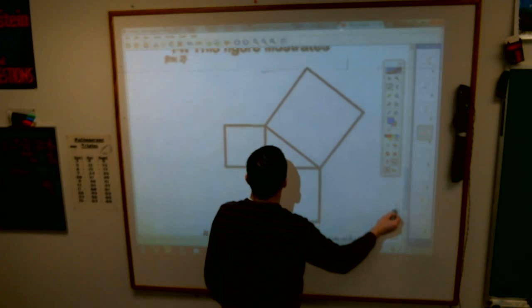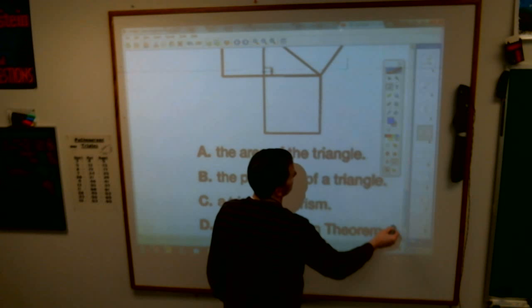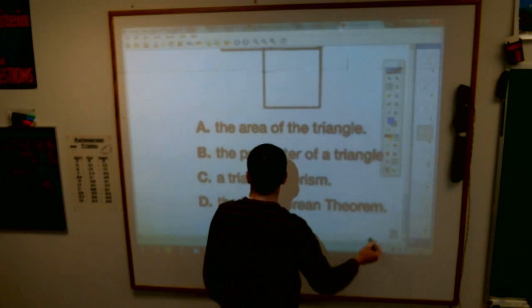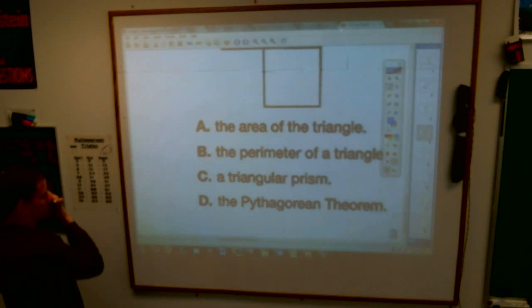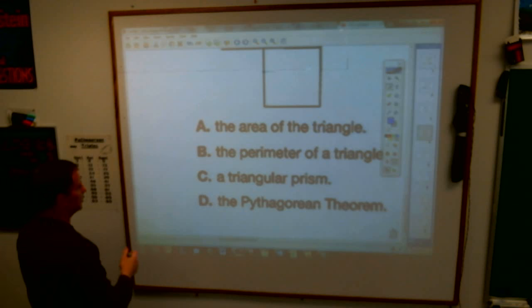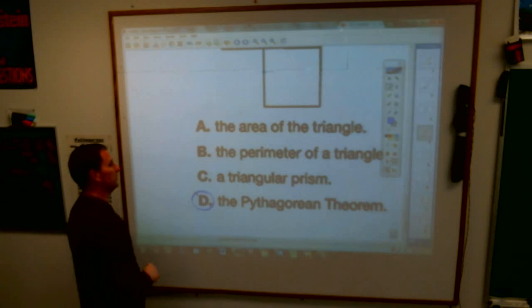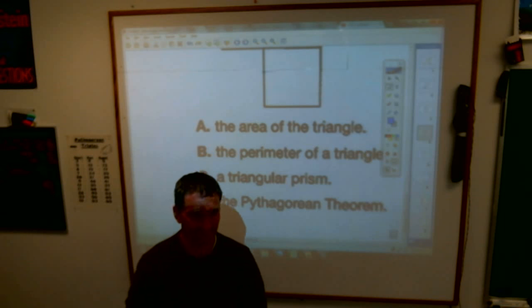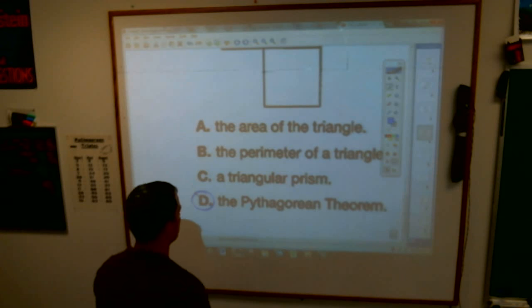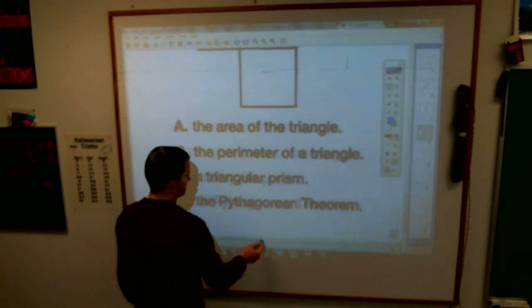This figure illustrates, is this the wrong one? No. What's your question on this one? I probably would ixnay this one. Does it really look like the area of a triangle? Remember a triangle prism? I don't know, we'll see what tomorrow's test is. I'm not sure what you do for that. We probably haven't talked about it, have we?